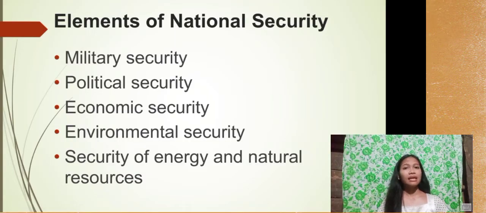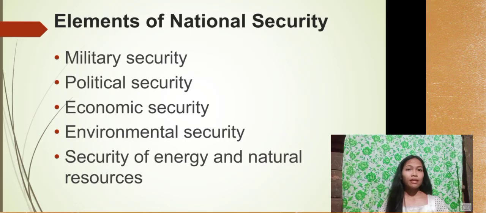Number 3, the economic security. Economic security means the country should ensure its financial strength and prosperity. Number 4, we have environmental security. It is all about protecting the environment and being prepared for natural disasters.